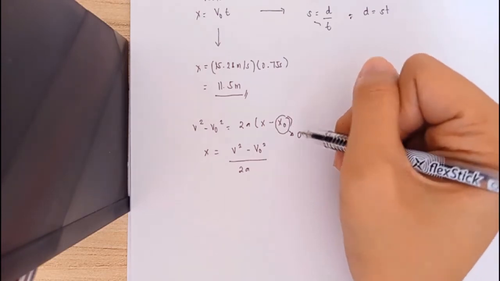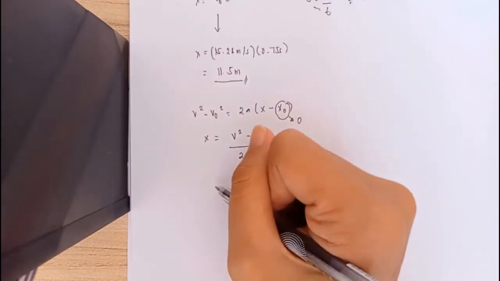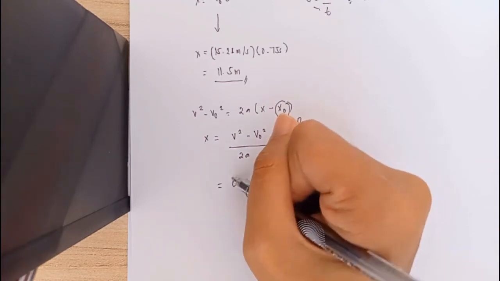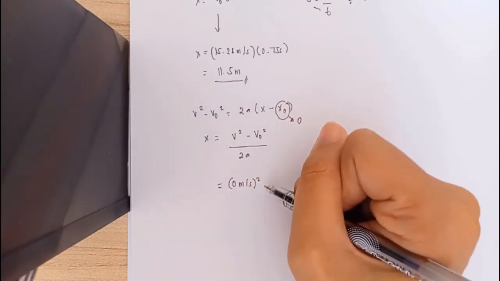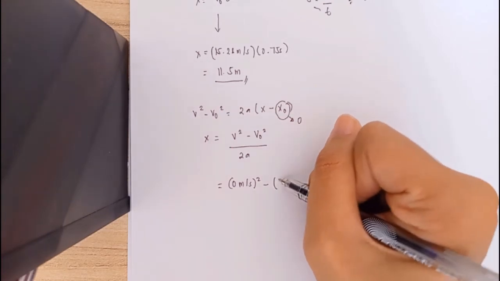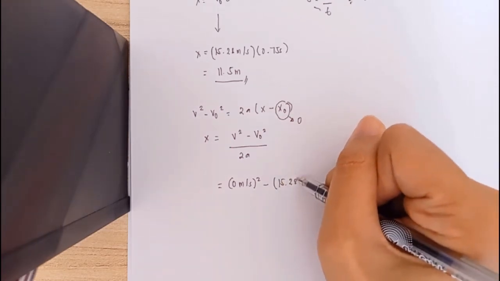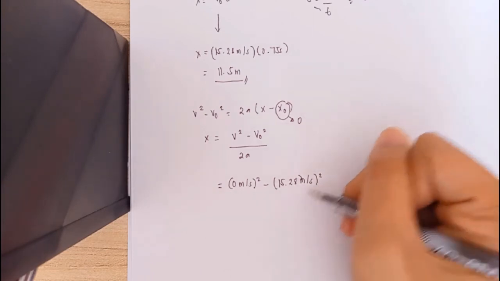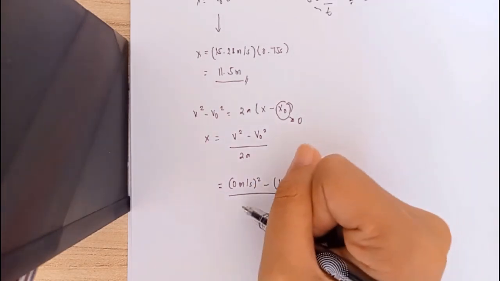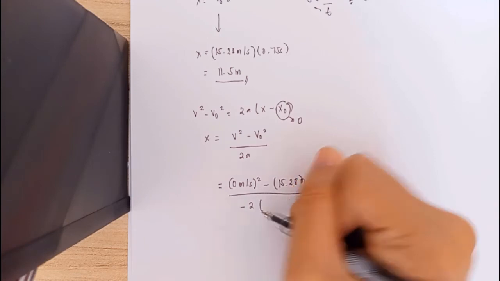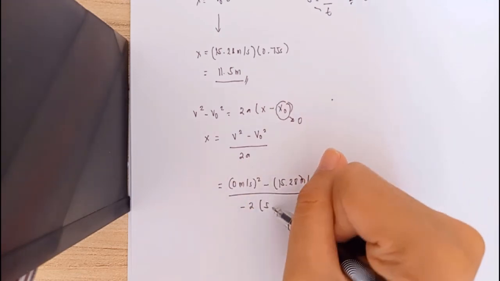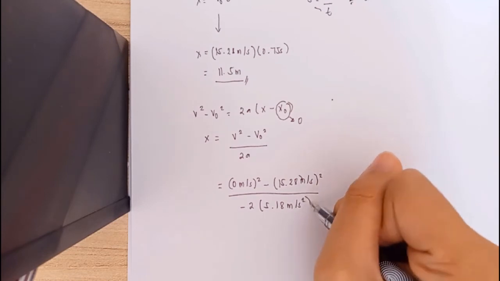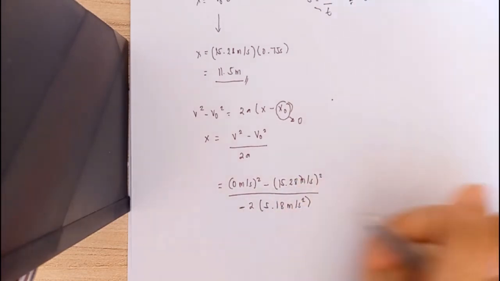It is 0, that's why I didn't include it anymore. So substitution, 0 meters per second squared minus 15.28 meters per second squared all over negative 2a. It's negative since we are talking about deceleration.